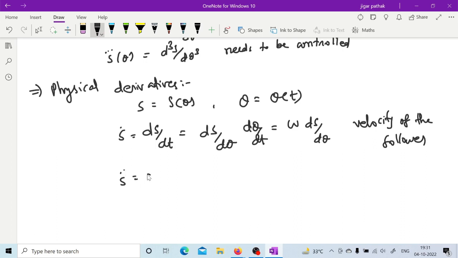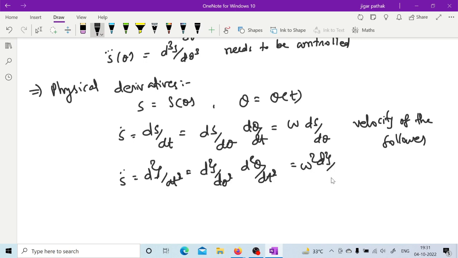Similarly, if you go for the second derivative, d square s upon dt square, then it will be d square s upon d theta square into d square theta upon dt square. So it will be omega square d square s upon d theta square. It is nothing but the acceleration of the follower.